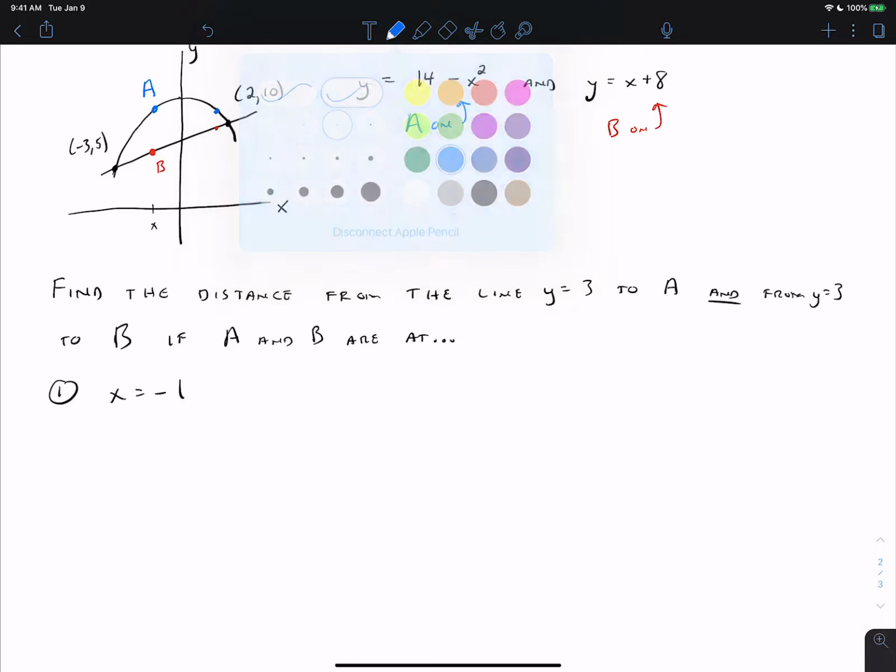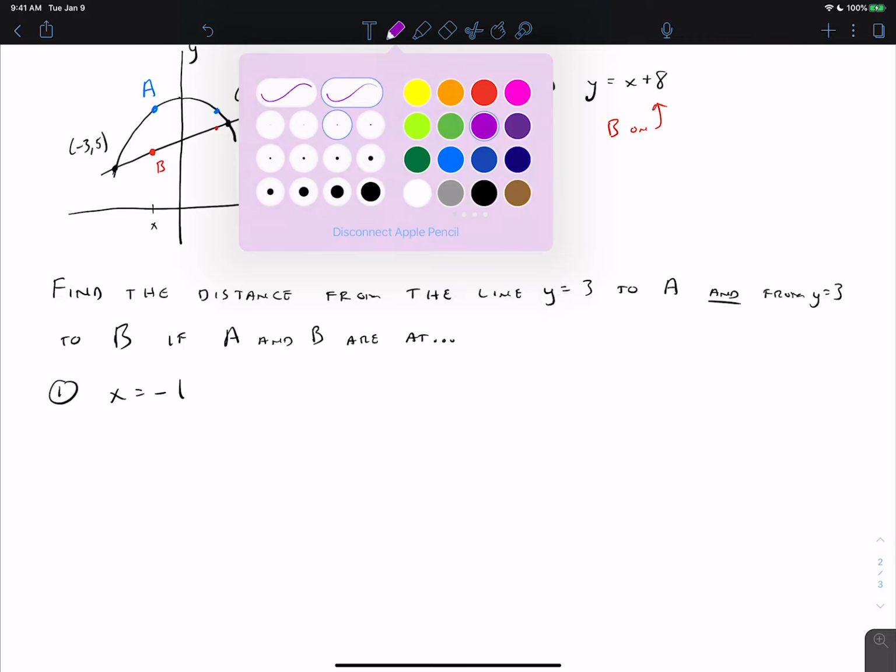So we're asking 2 questions on each of these. On number 1, we're saying find the distance from the line y equals 3 to the point A, and from the line y equals 3 to the point B, if A and B are where x is negative 1.